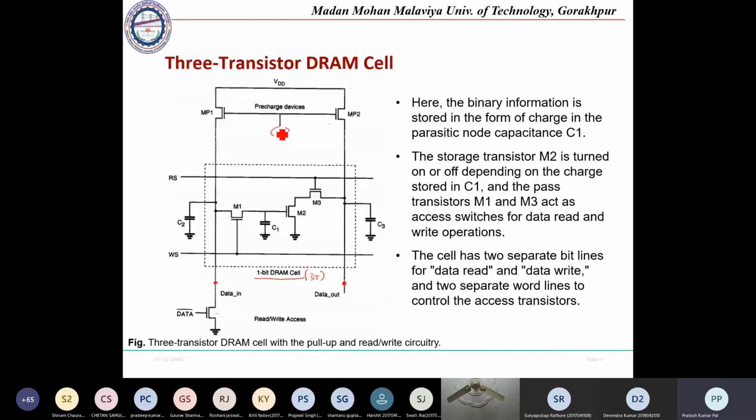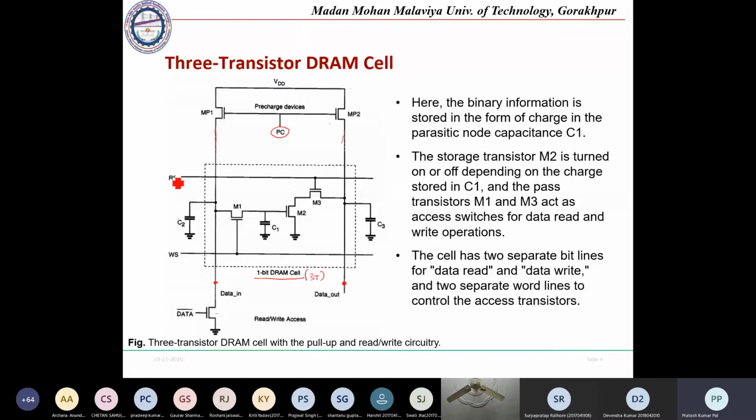When it is active, it means we are going to charge the line, similar to the SRAM structure. Before performing any operation, we will be pre-charging these two lines, data in and data out.